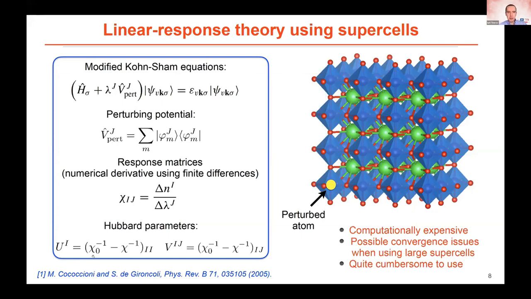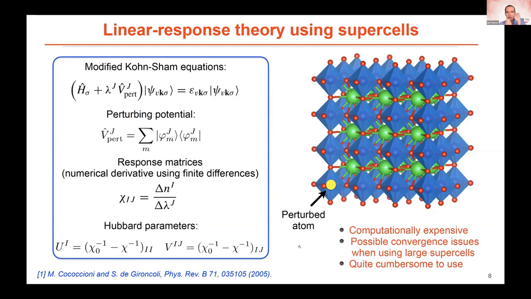We also can determine chi naught to the power minus 1 after the first iteration of the perturbed run, so when there is not yet a Hartree exchange-correlation readjustment to the perturbation. And then we take the difference of these two objects and we obtain the Hubbard U parameter. So the Hubbard U parameter is the diagonal term of this difference of the response matrices, while the V is simply the off-diagonal term of the difference of the inverse response matrices.